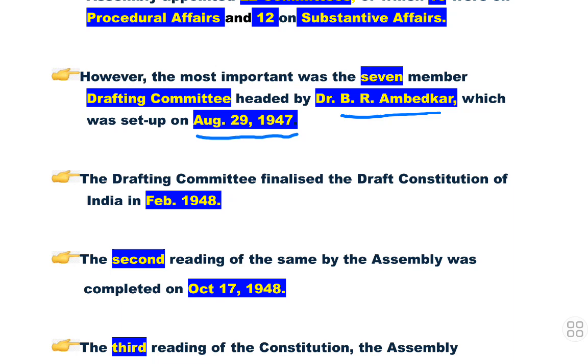The drafting committee finalized the draft Constitution of India in Feb 1948. The second reading of the same by the Assembly was completed on October 17, 1948.